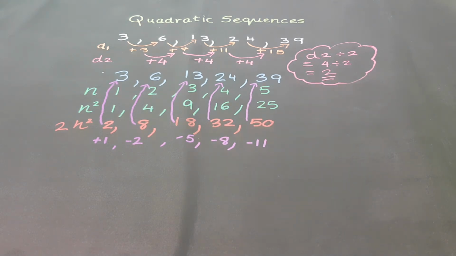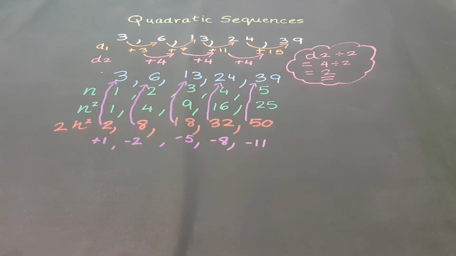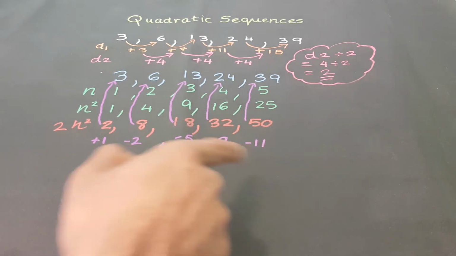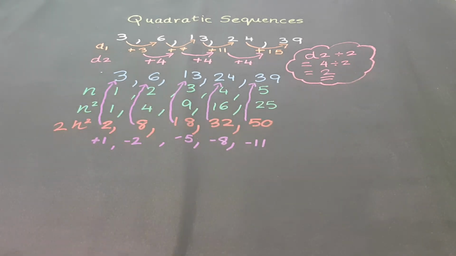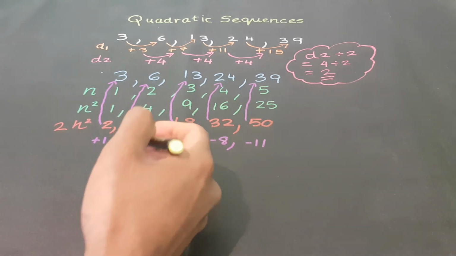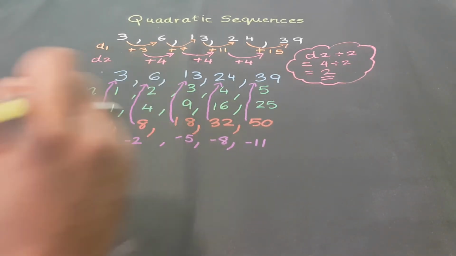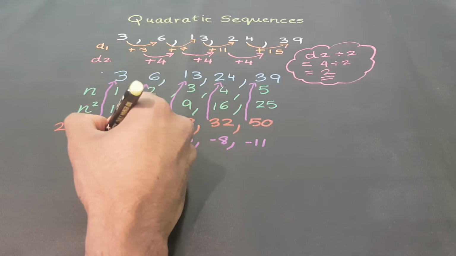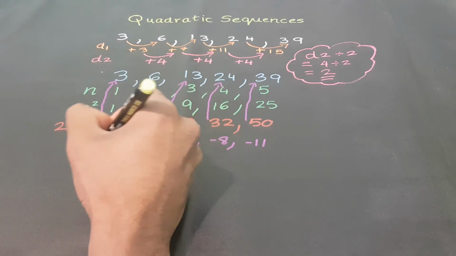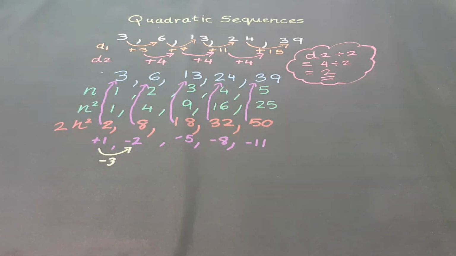Now, I can see these are not the same number each time like the previous video. So what I need to do is find the nth term of this sequence here. If I was to go from 1 to minus 2, I have to subtract 3.